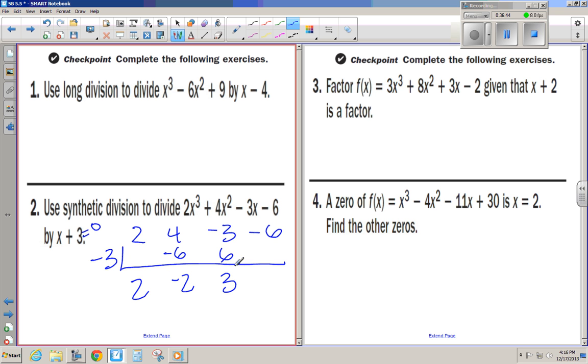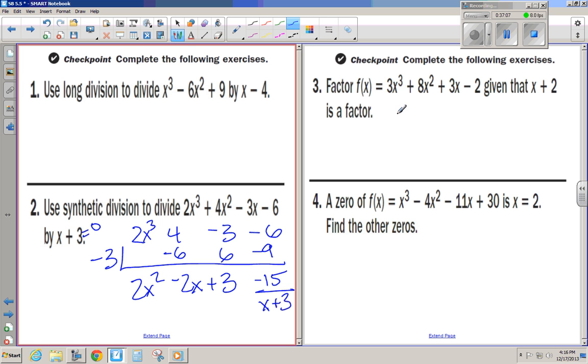Multiply, add, multiply, add, multiply, add. So my expression went from a cubic to 2x squared minus 2x plus 3 minus the 15 and the remainder.